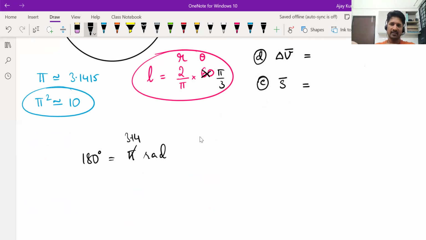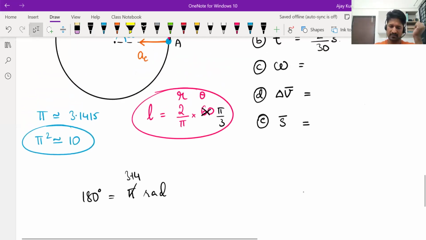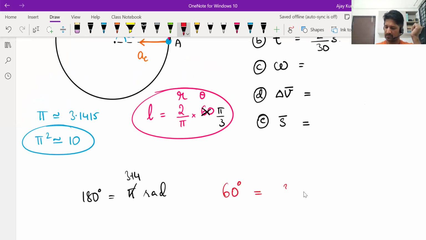If you convert it to degrees, then it becomes 180. So the actual angle was 60 degrees, and it becomes 3.14 by 3 radians. That's all. Pi radians changes to 180 degrees. Pi never becomes 180. Pi is always 3.14. Keep this in mind.